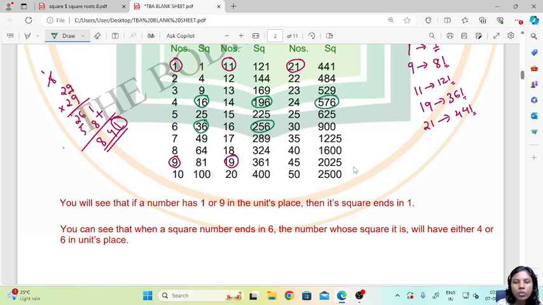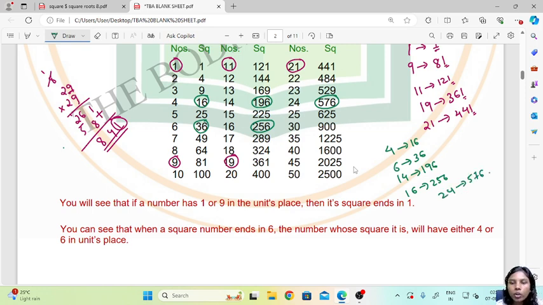Now let's write a relation. For 16 we have 4, then for 36 we have 6, then 196 has 14, 256 has 16, and 576 has 24.